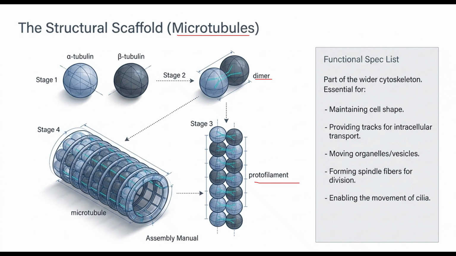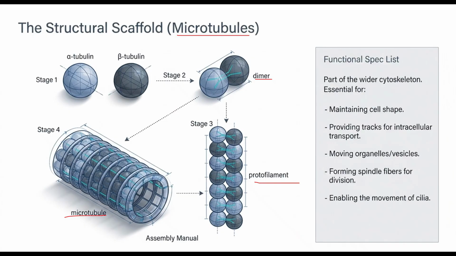And 13 protofilaments combine to form a microtubule. So 13 protofilaments together form a microtubule. So microtubules help maintain cell shape, support intracellular transport, guide the movement of organelles and vesicles, and form spindle fibers during cell division. Okay, so they also provide structural support for cilia and flagella.